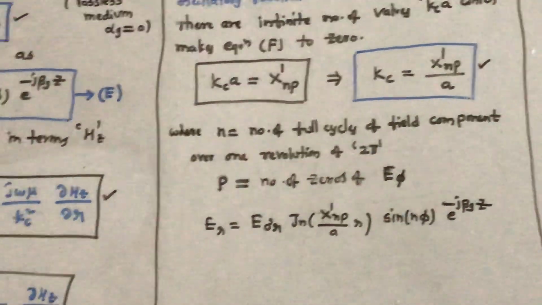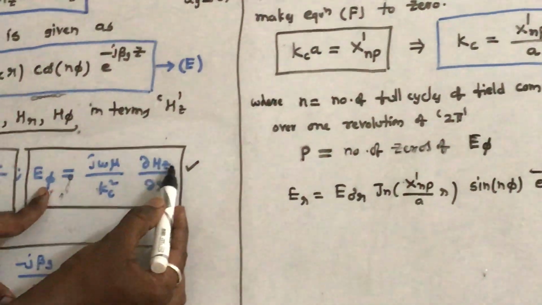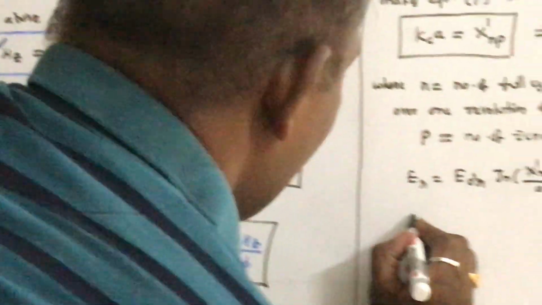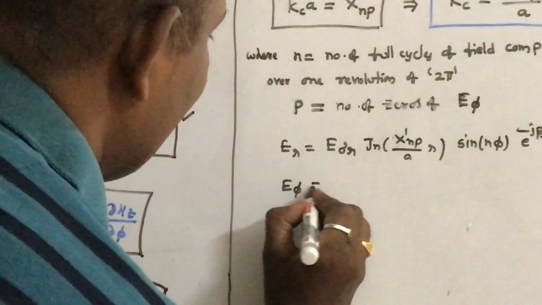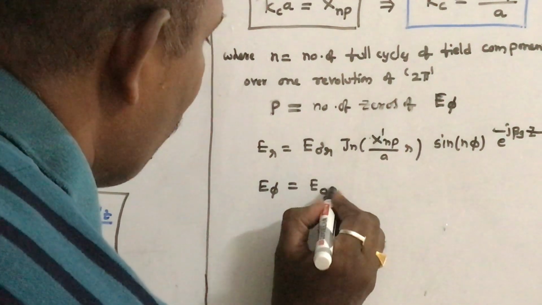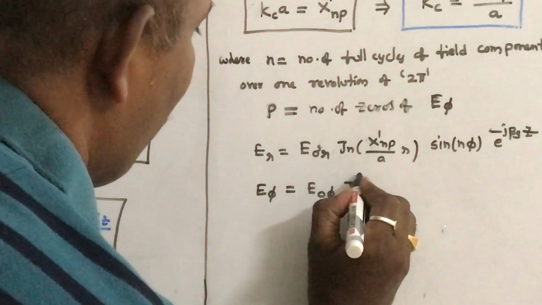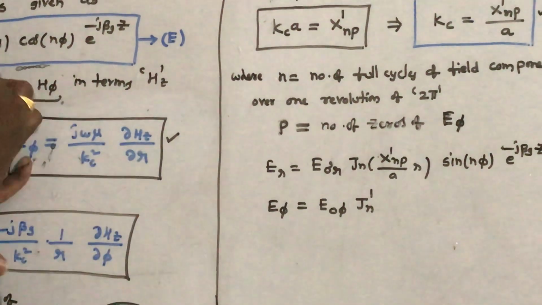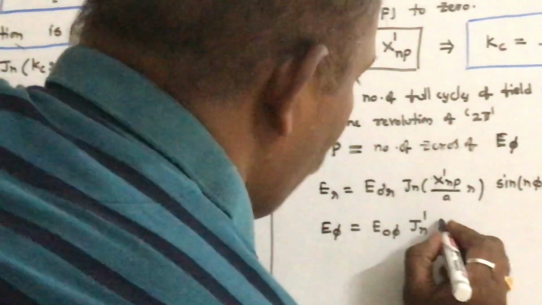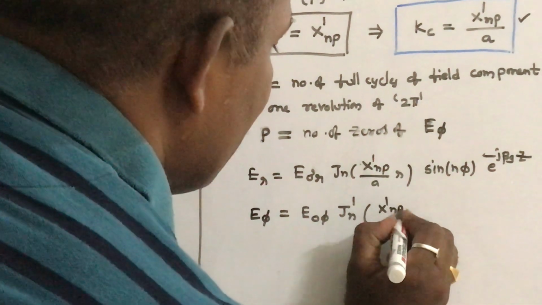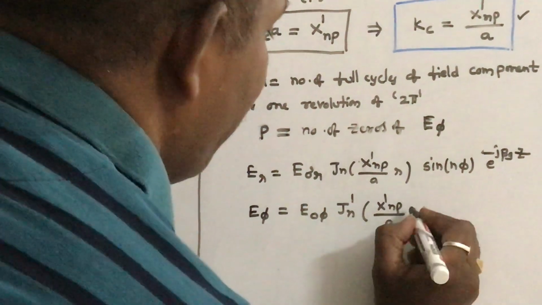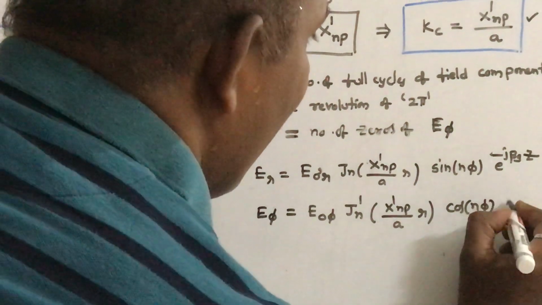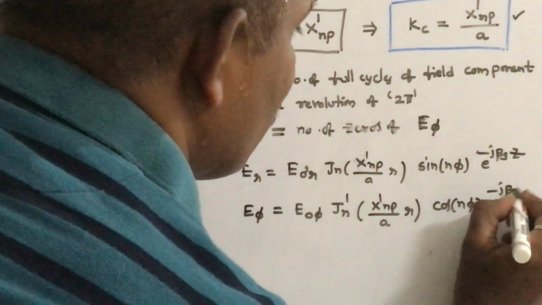Coming to E phi, we have to differentiate Hz with respect to R. So E phi is written as amplitude E0φ into the differentiation of Jn, which is Jn dash, because with respect to R we have to differentiate Jn. So Kc is x dash np by A into R, cos nφ will remain as it is, and e power minus jβg into z.